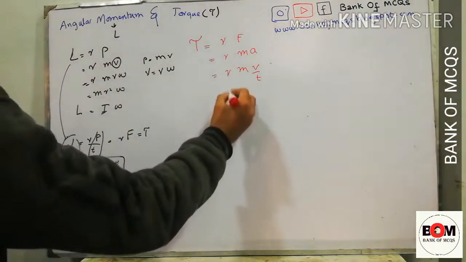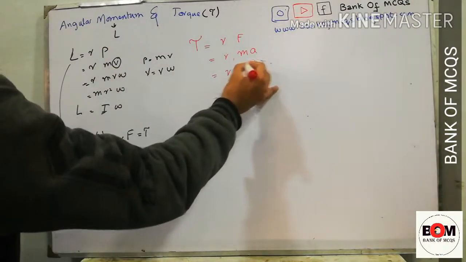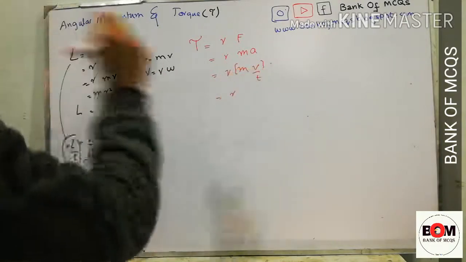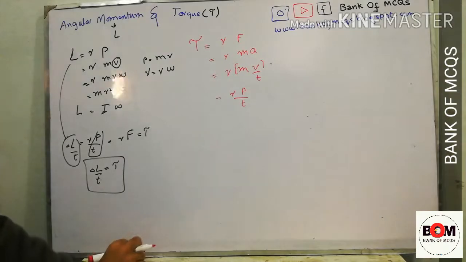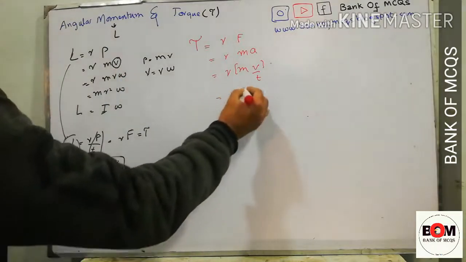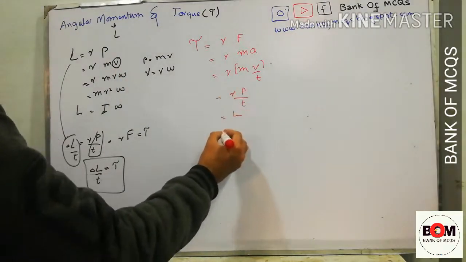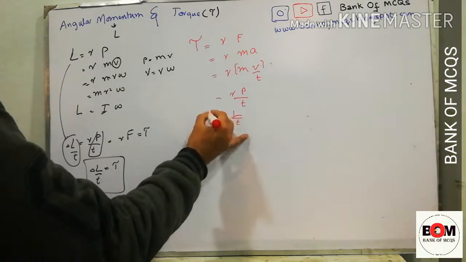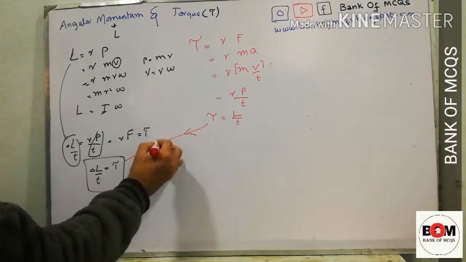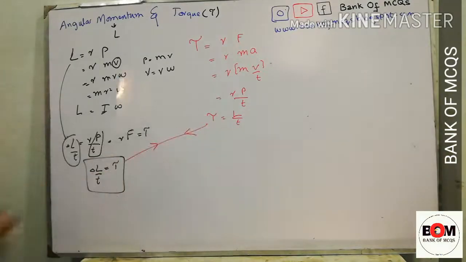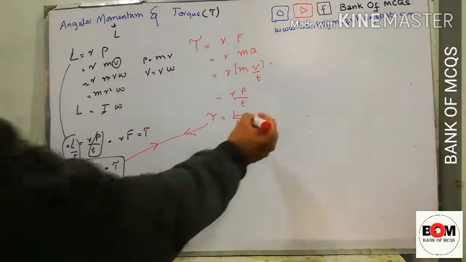The product of mass and velocity is called momentum, so we will get r p by t. So torque is equal to r p by t, where r p is angular momentum, so L by t is equal to torque, and this is the equation. So this is the derivation of torque is equal to delta L by t, and you must remember it.